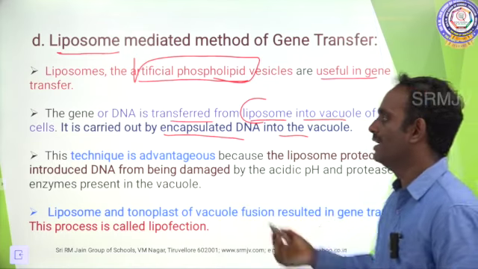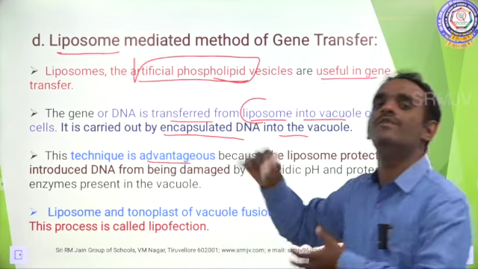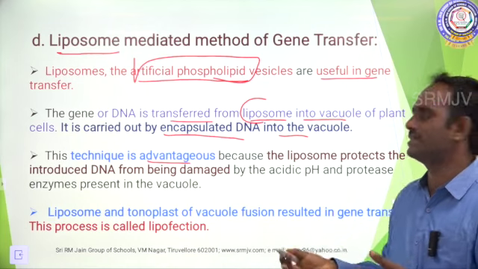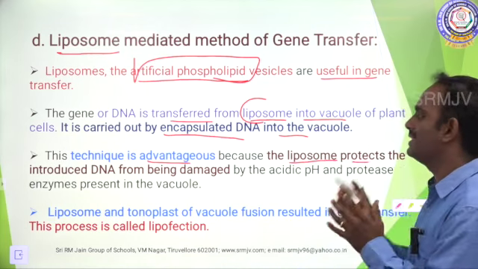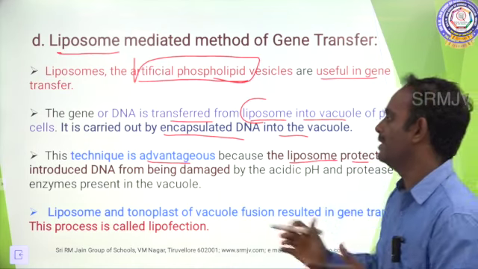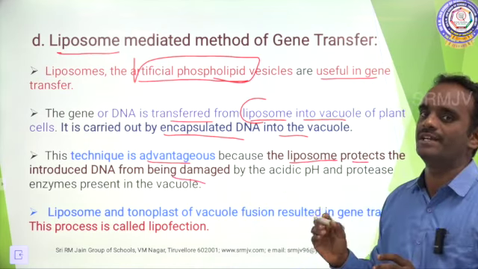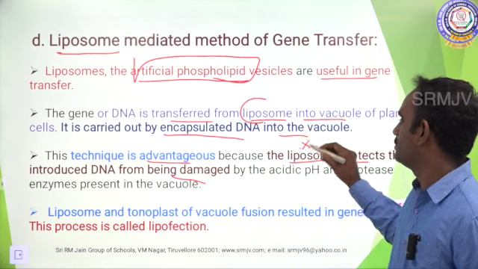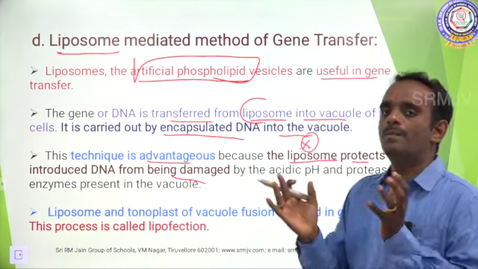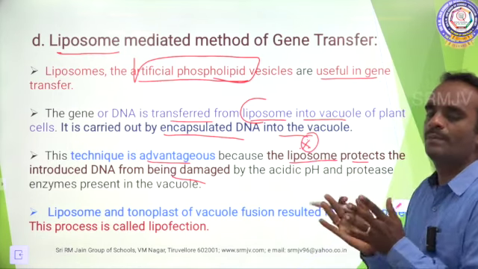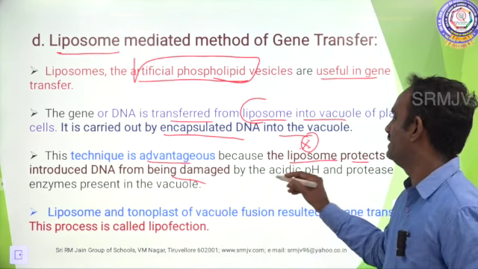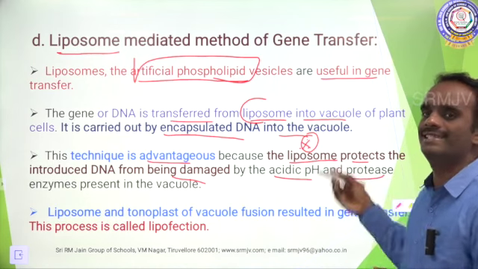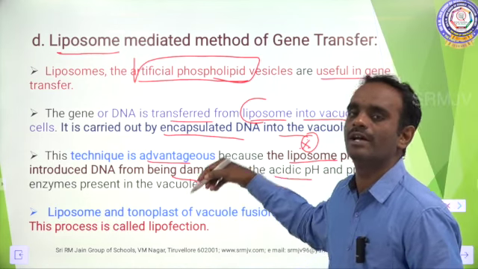The next one, this technique is more advantageous. Why? Because the liposomes protect the introduced DNA from being damaged. Very important. So the liposome has the property to protect the introduced DNA from being damaged by the acidic pH and protease enzyme present inside the vacuole.